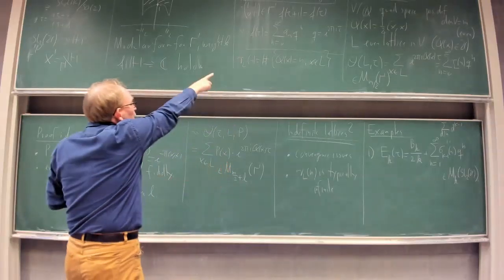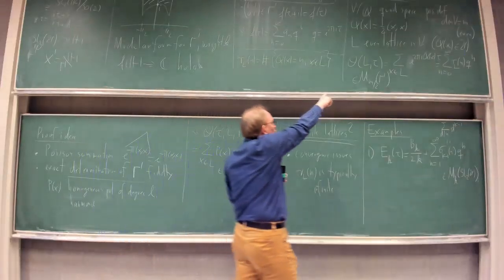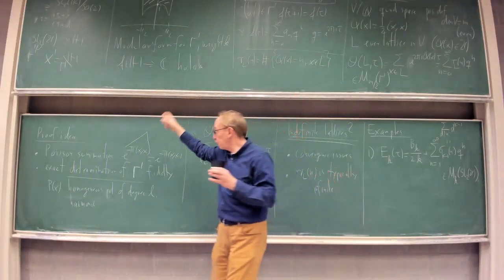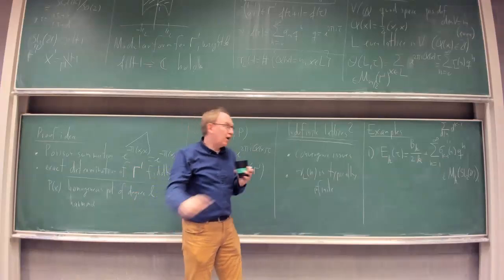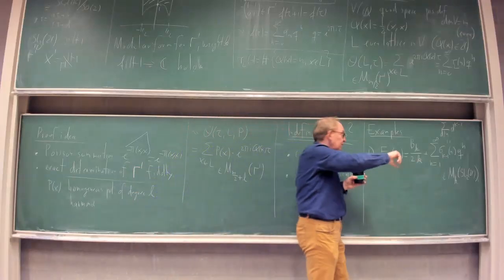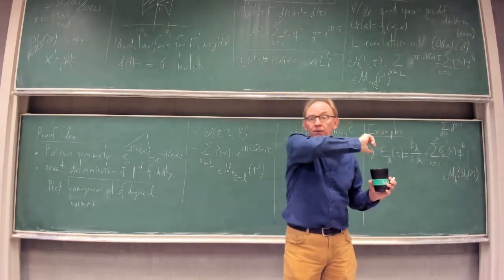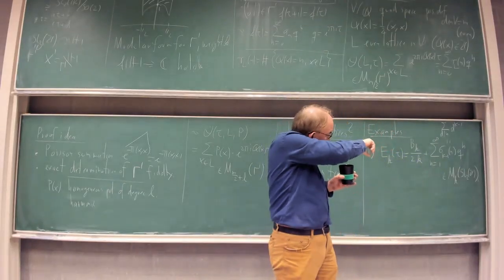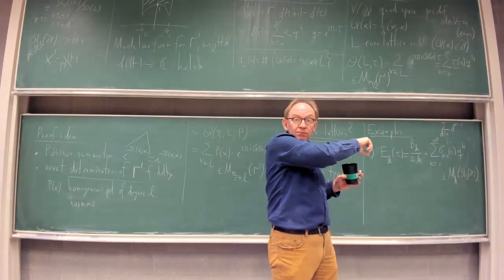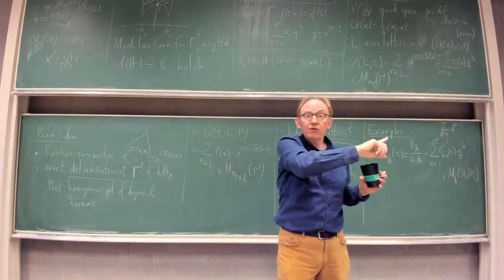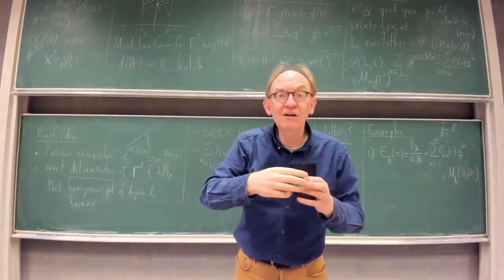Whereas with the theta series, writing it down was obvious, and then the miracle was that it's modular. With the definition of the Eisenstein series, the modularity is clear, and the miracle is the Fourier expansion, particularly that the coefficients are all rational, even though the construction is very transcendental.